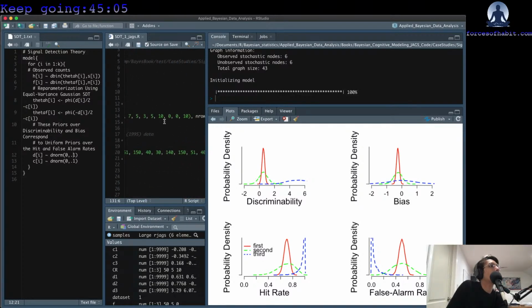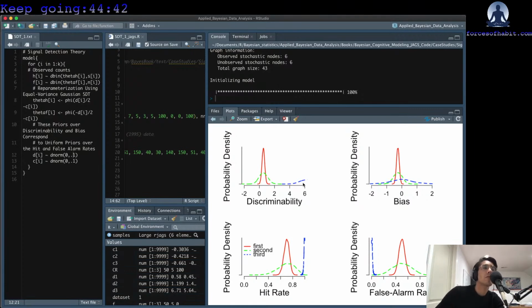So let me do 100. Very discriminable. We increase the data set so that now it matches the same size as the first data set, but we have perfect accuracy. Now we're getting 0.